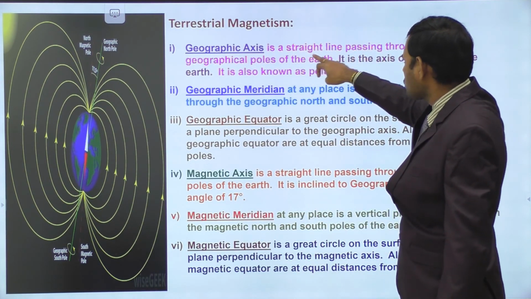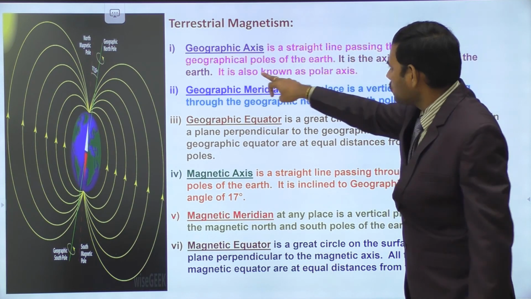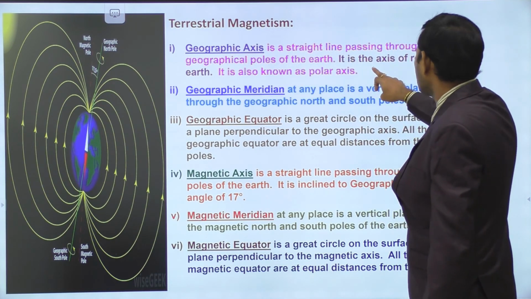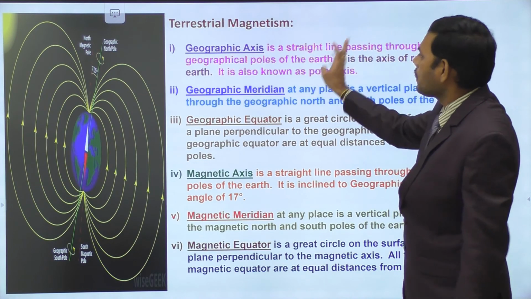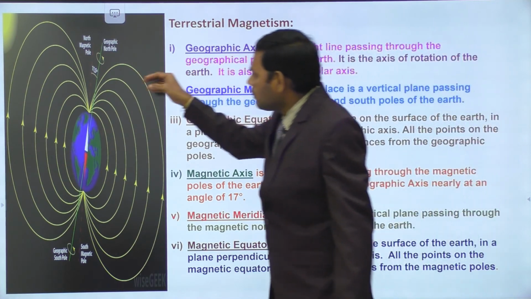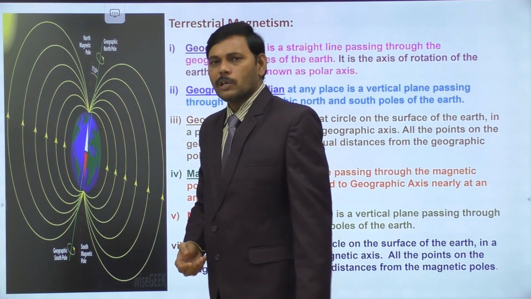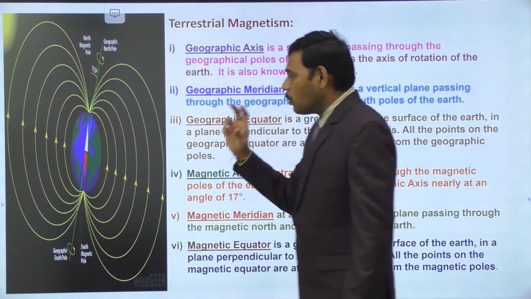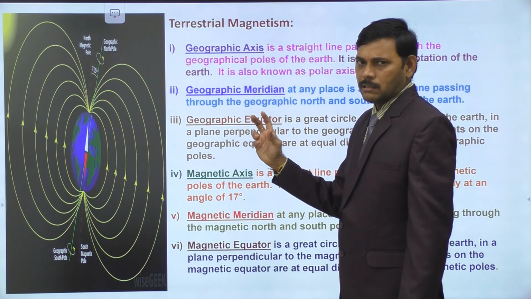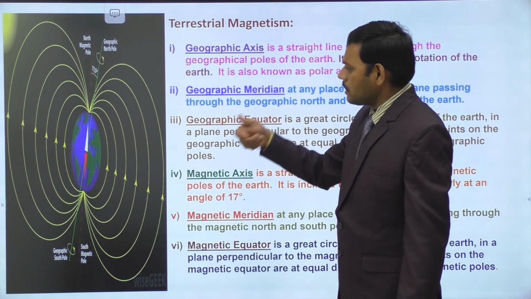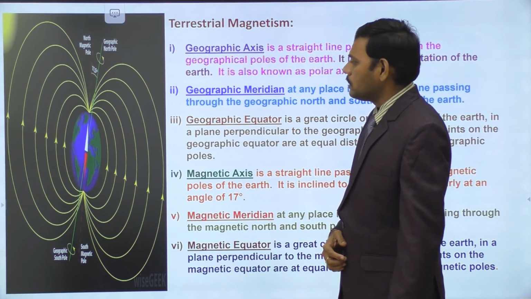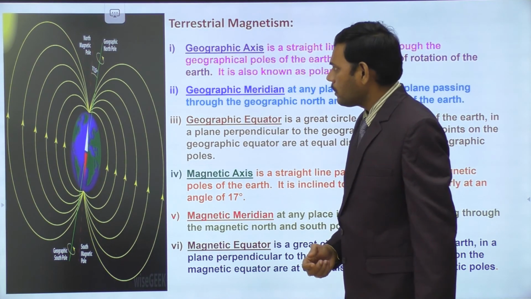So the geographic axis is a straight line passing through the geographical poles of the Earth. It is the axis of rotation of the Earth. Now because of the rotation of the molten nickel and iron, convectionally there is a magnetic property of the Earth. Earth is equivalent to a bar magnet.